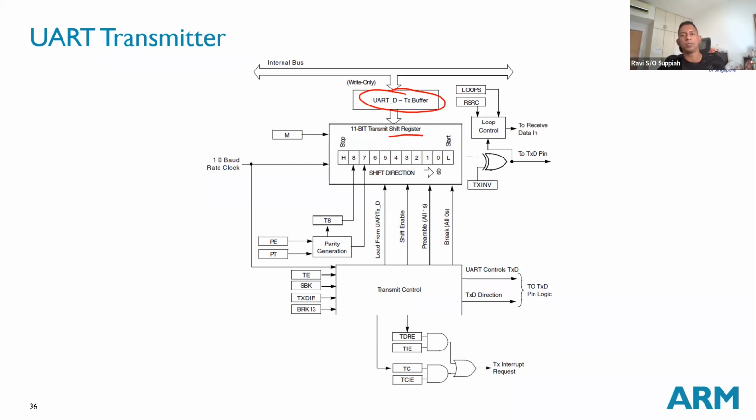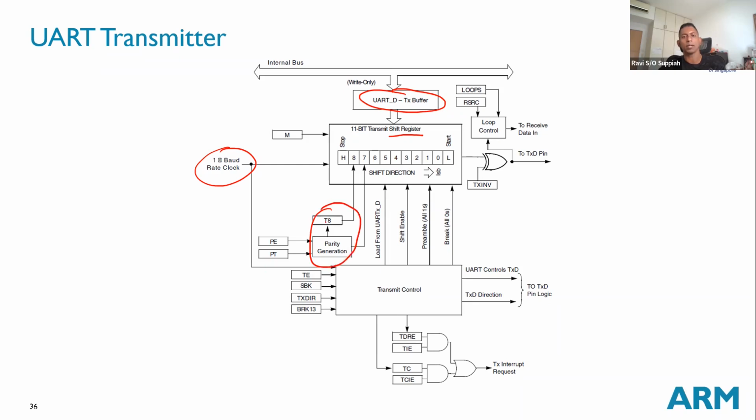That is done by shifting the data bit by bit. So you shift out the data, and of course, to shift out the data, you also need to determine the rate, the baud rate. So you have some other clock generation configuration to be done. And of course, besides that, you may also want to generate parity.